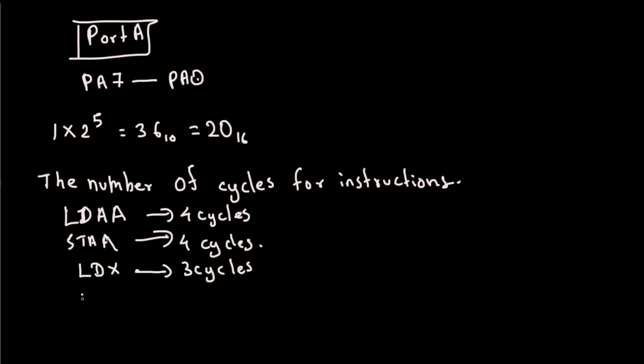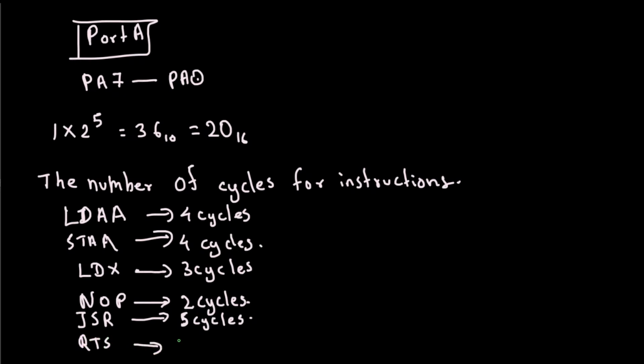Then NOP, this is just for delay. It does nothing, but in case you need a 2 cycle delay, you can just put this. Then we have JSR, jump to subroutine, which is 5 cycles, and RTS, return from subroutine, which is 5 cycles.